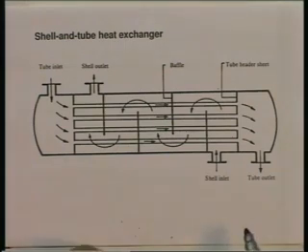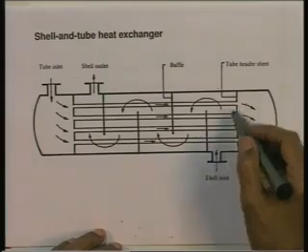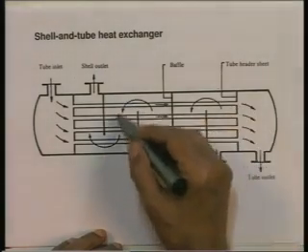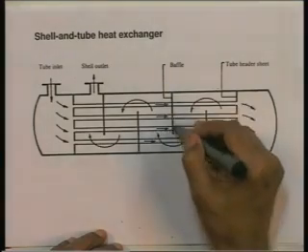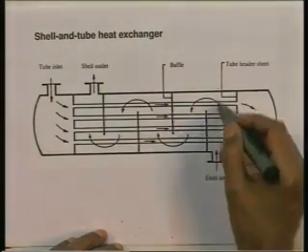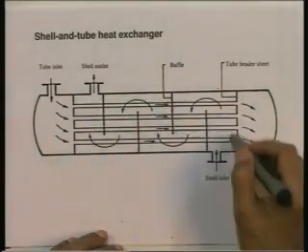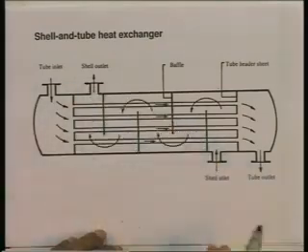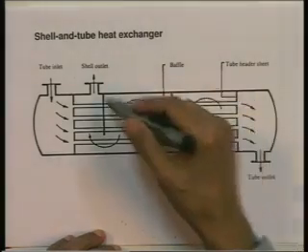And finally, in order that the shell side fluid should flow over all the tubes properly, usually sheets are placed across the flow, which make the shell side fluid flow in this zigzag fashion, as you are seeing here, and these sheets are called baffles. All right.